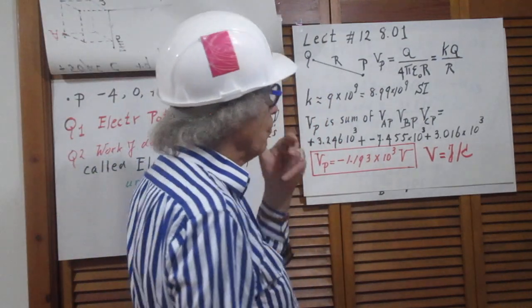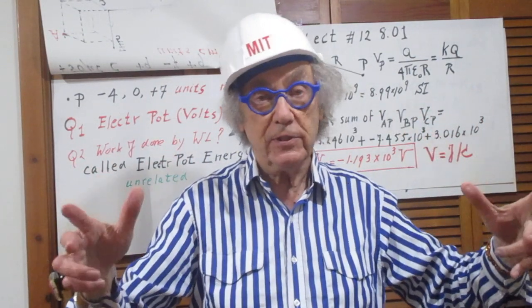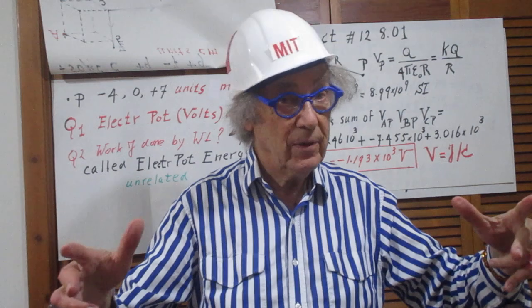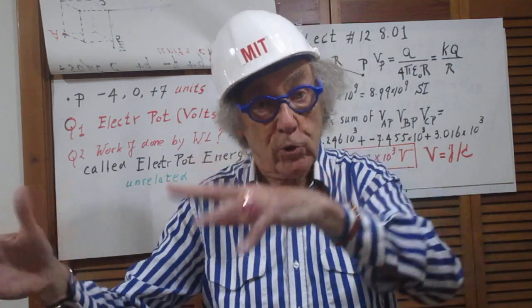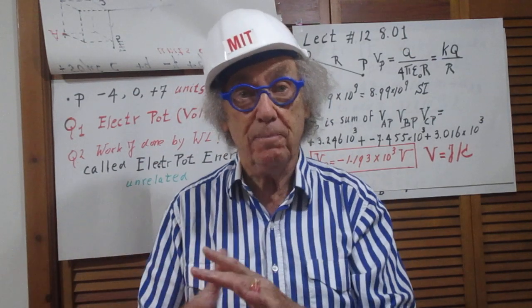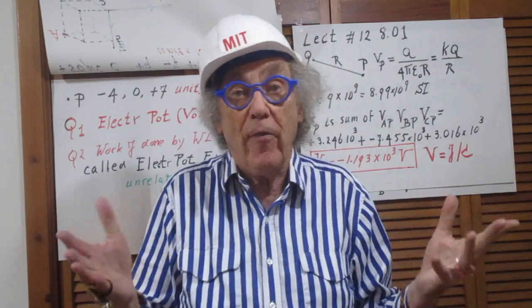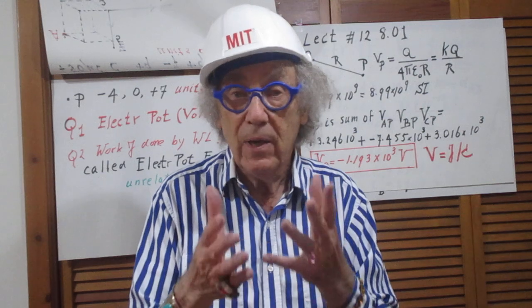So, since there are 3 charges, each of those charges produces its own potential in that point P, independent of the others. So you have to add those 3 potentials.